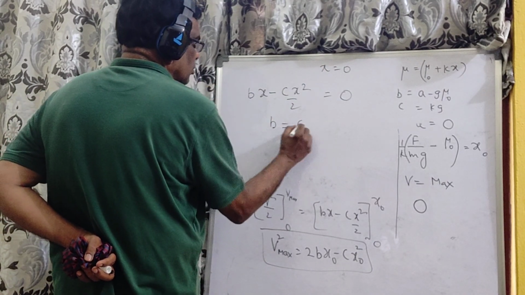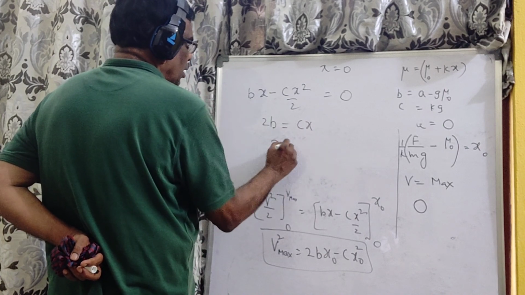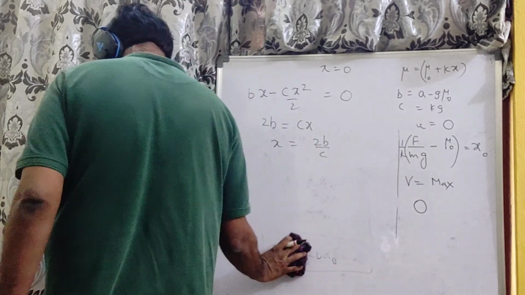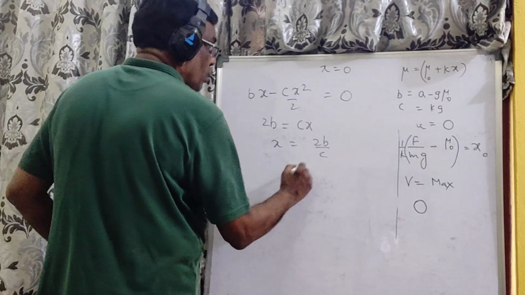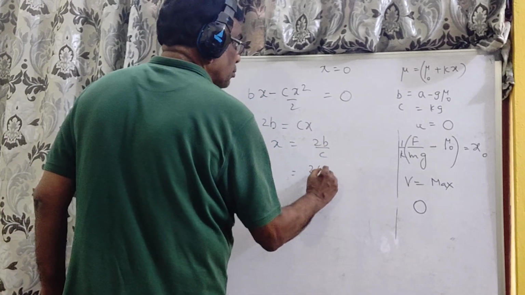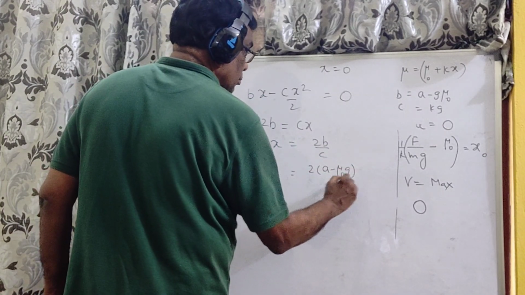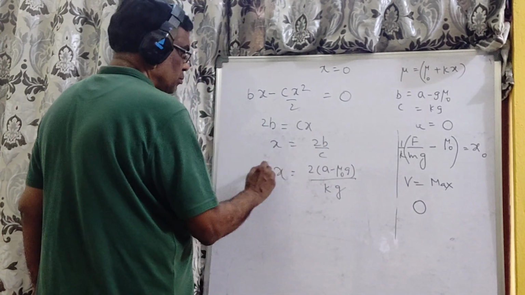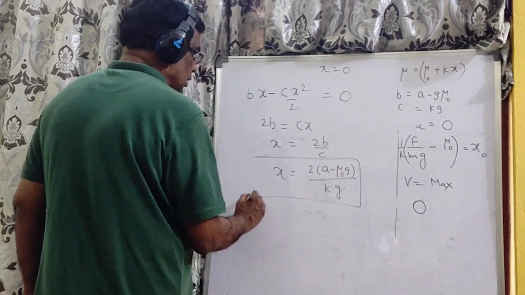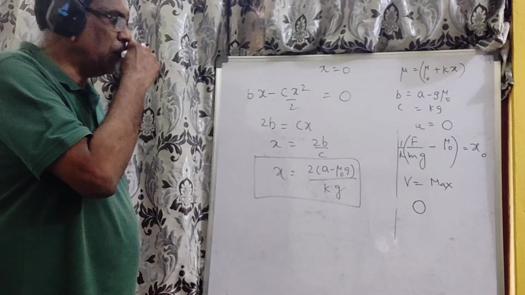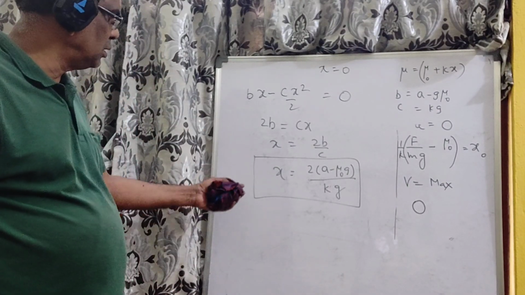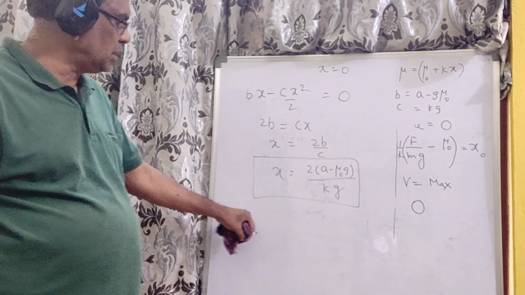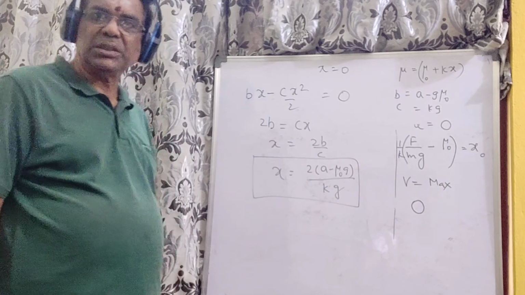The other is x is equal to 2B by C. This is the distance traveled before it comes to a stop.